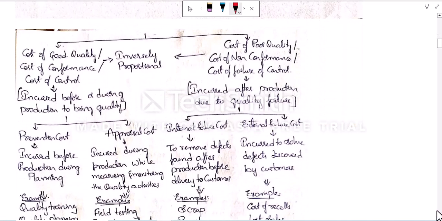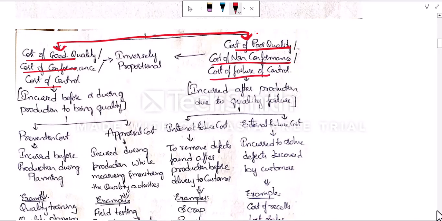All the costs in a broad sense are of two types: cost of good quality and cost of poor quality. Cost of good quality is also called cost of conformance or cost of control. Cost of poor quality is called cost of non-conformance or cost of failure of control. Both are inversely proportional. Why?